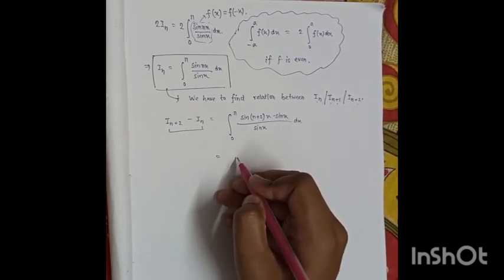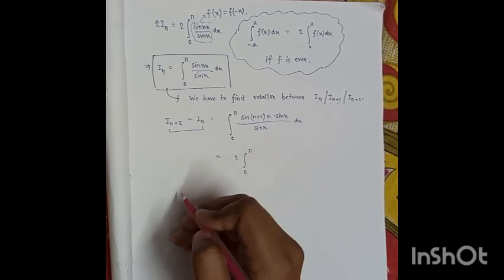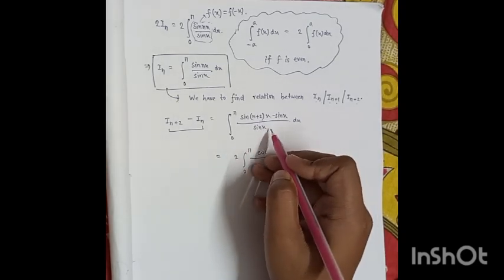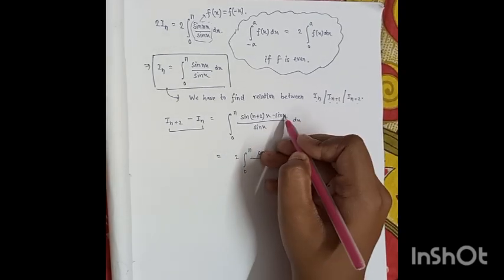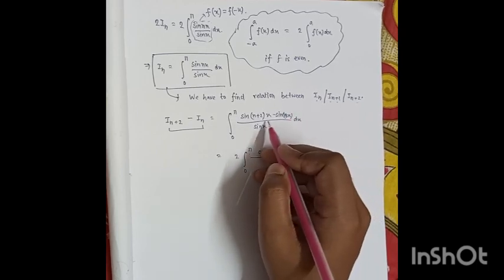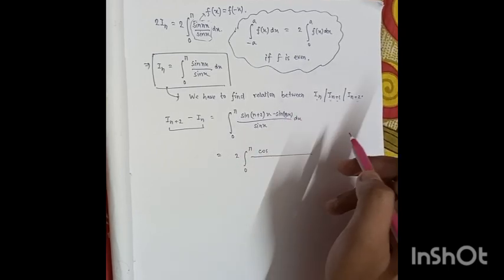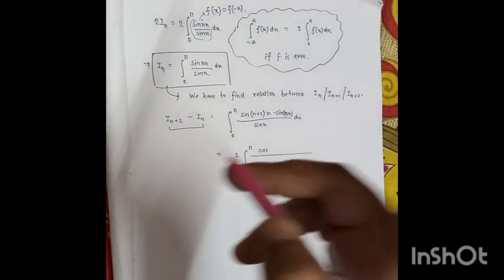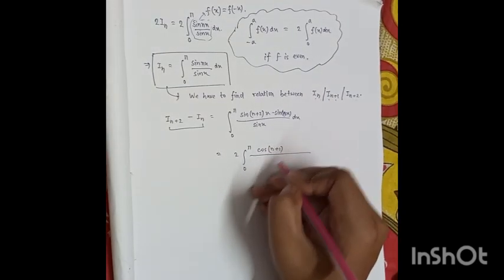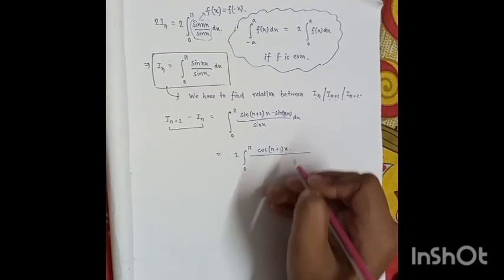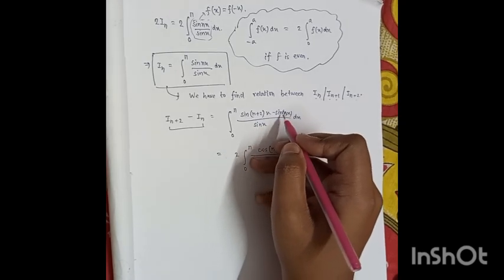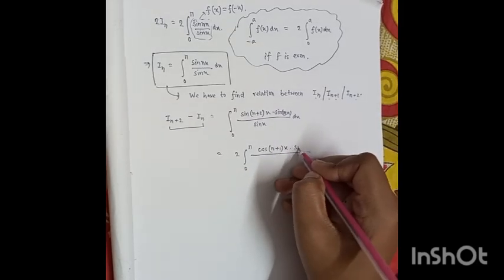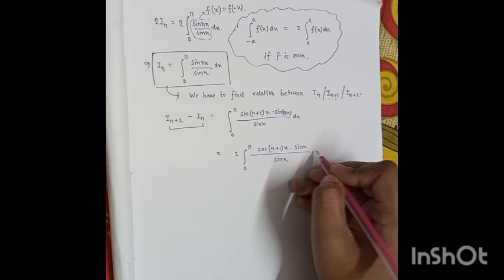So it becomes 2 times the integration of cos of (n plus 2 plus n) by 2, that is cos of 2 into n plus 1, divided by 2, that is cos of n plus 1 x, into sine of (n plus 2 minus n) by 2, that is 1, that is sine x, upon sine x dx.